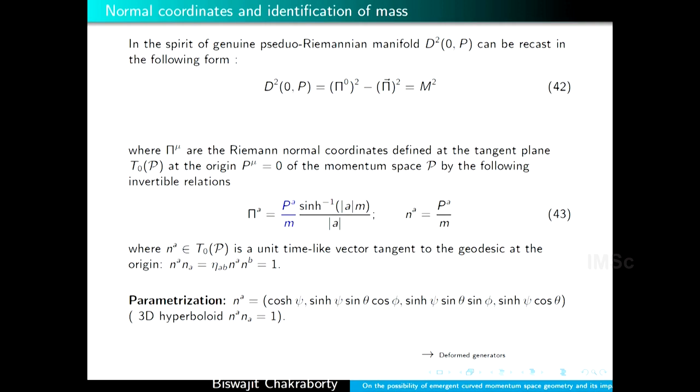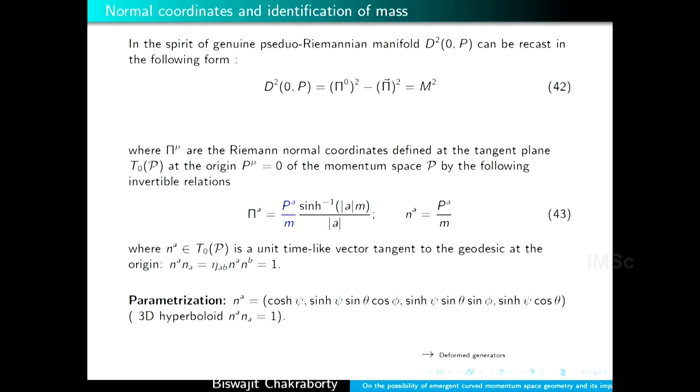These pa's are the same as the original p mu's actually. I have changed the notation in between when I introduce a tetrad to indicate the local Lorentz index and another one for the world index, so to say. And pa by m is nothing but the unit time-like vector, so they can be parameterized as I have shown at the bottom of the slide.